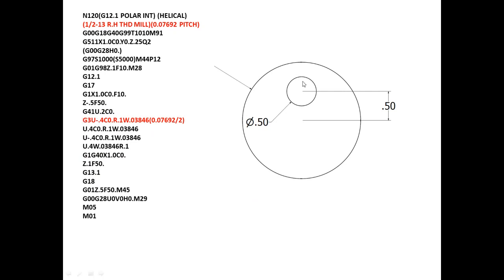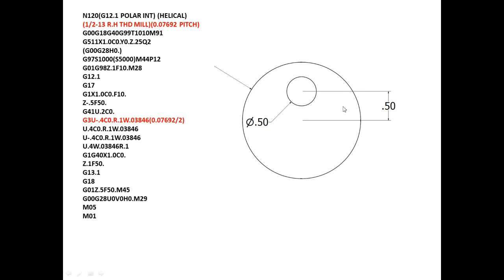And from that point, G3 is counterclockwise. And I go U minus 0.400, which is from here all the way down to the bottom here. It's a half circle. I moved, and the C-axis from start to end is still the same position, C is 0.